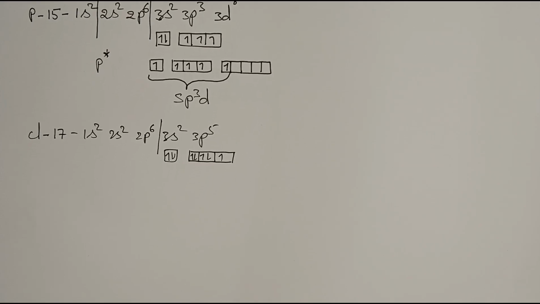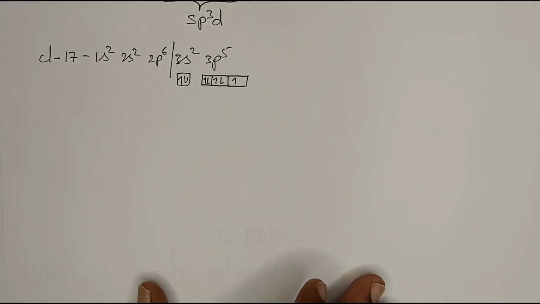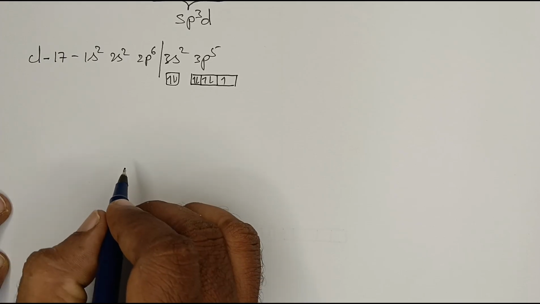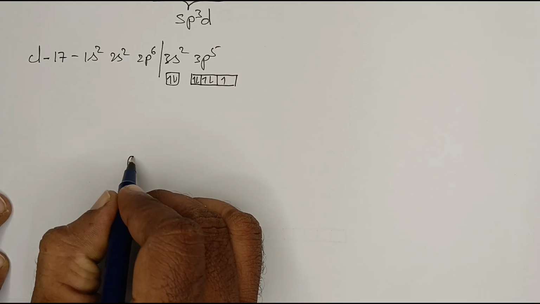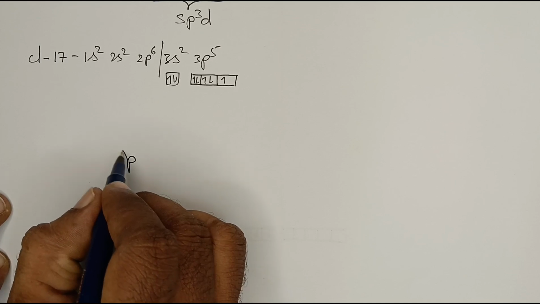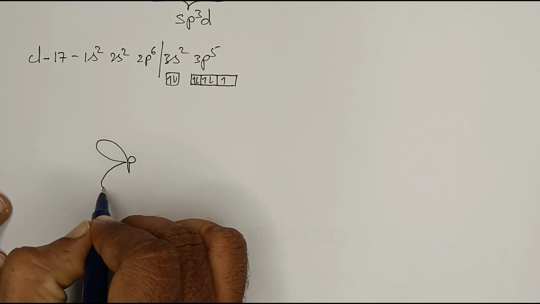So after sp3d hybridization, phosphorus produces 5 sp3d hybrid orbitals.